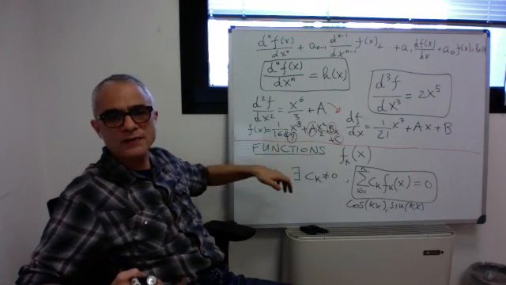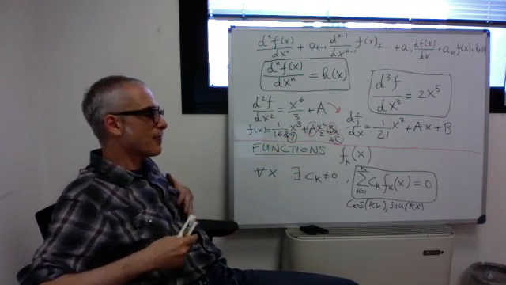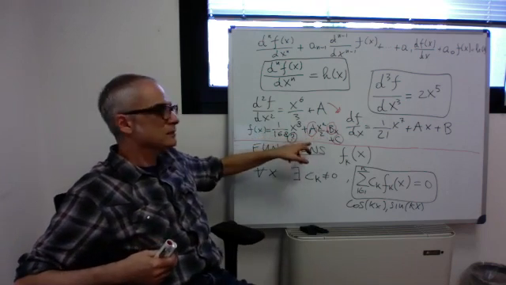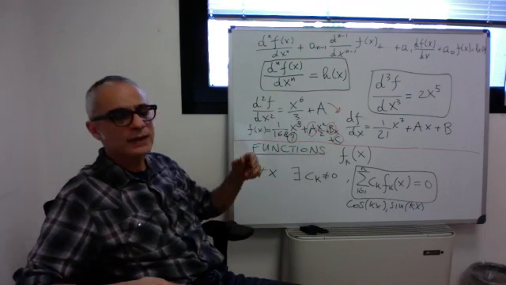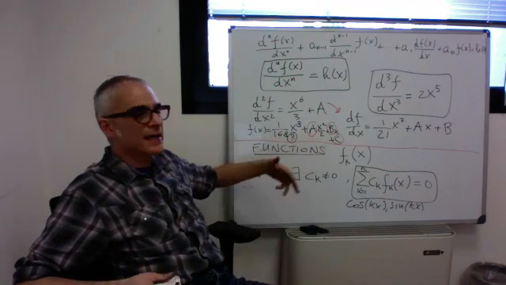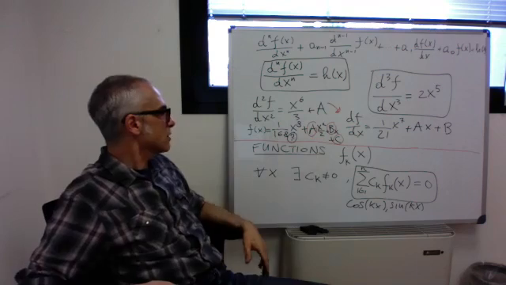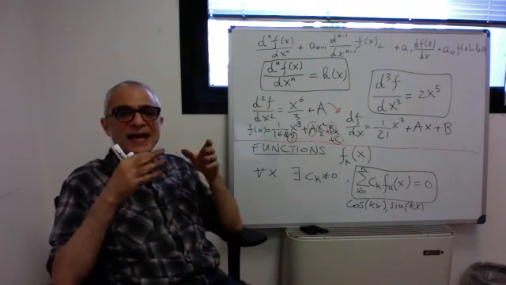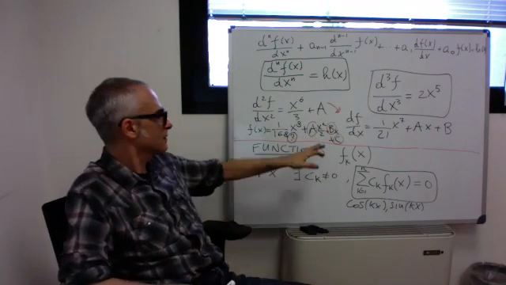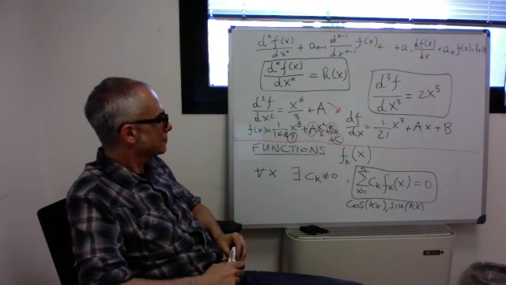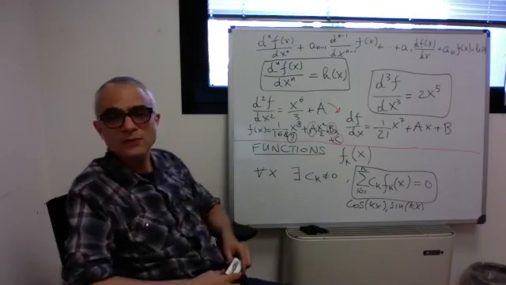In other words, you have an infinity of solutions which are defined not by 1, not by 2, but by n arbitrary constants. To select one specific solution, you have to select n values for these arbitrary constants.